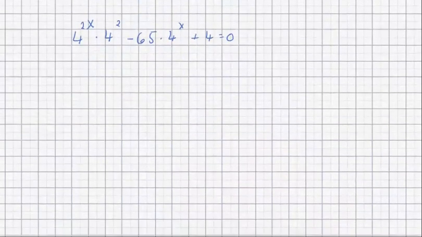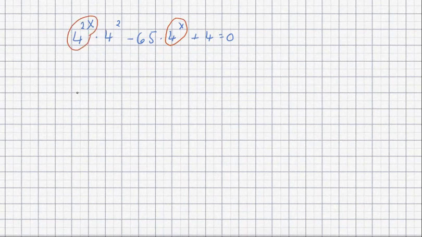Okay, thank you. So now this is maybe a bit tricky part, but let me show you. We have here 4x, and we have here 4 by the power of 2x.